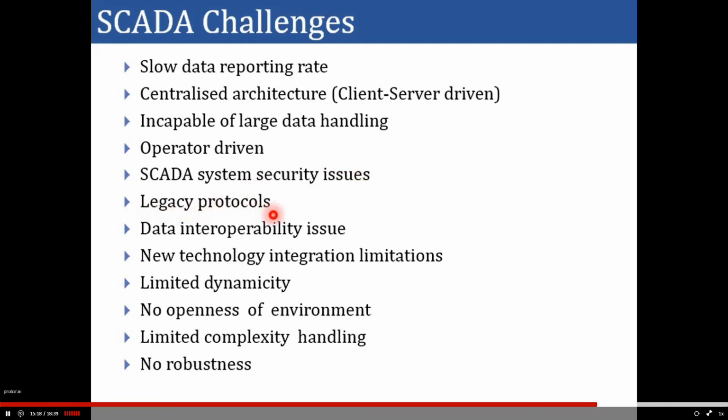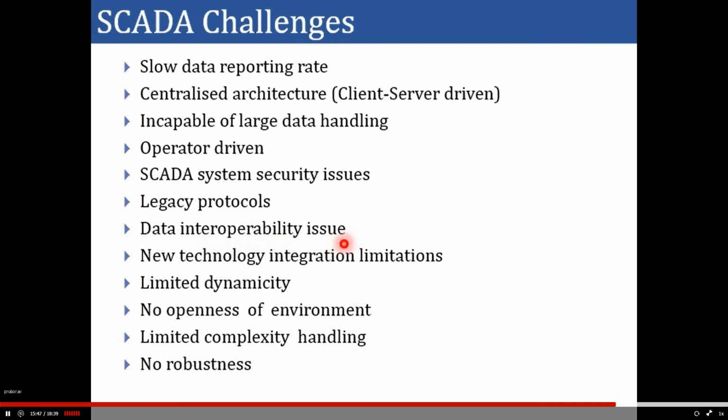Legacy protocol is another challenge because the protocol was developed when we were having serial data communication, and from that point onwards the communication network and the IT system has evolved a lot, and there is a need to change the legacy protocols to adopt the new SCADA protocols.